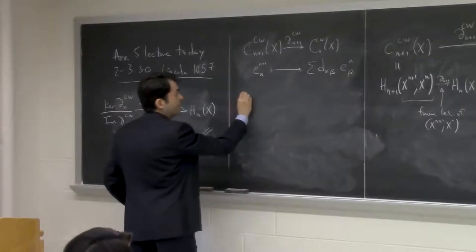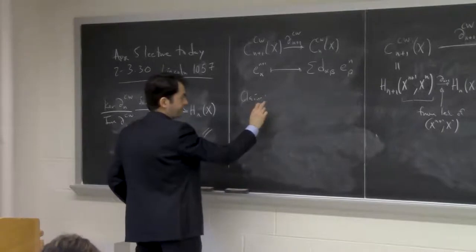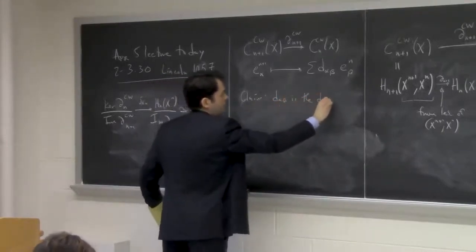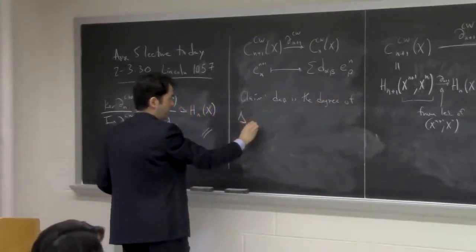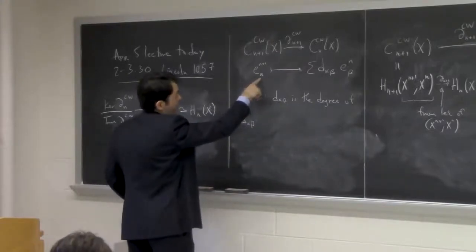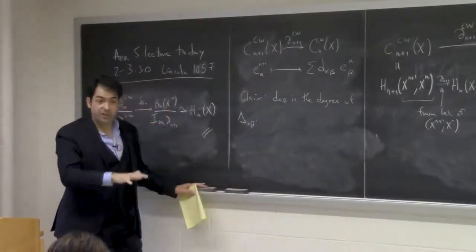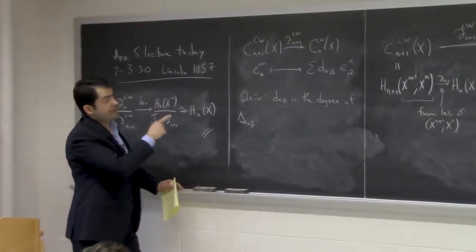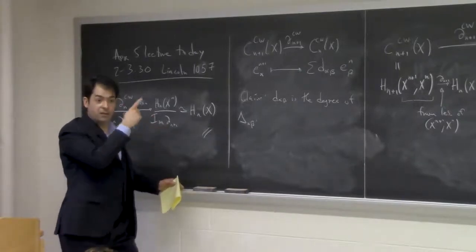So what we're going to show is the claim that d alpha beta is the degree of, I think I want to call this, delta alpha beta. Okay, so this is an n plus 1 cell. That means that it's just an n plus 1 disk that we're attaching to the n skeleton of X by means of some attaching map defined on its boundary.